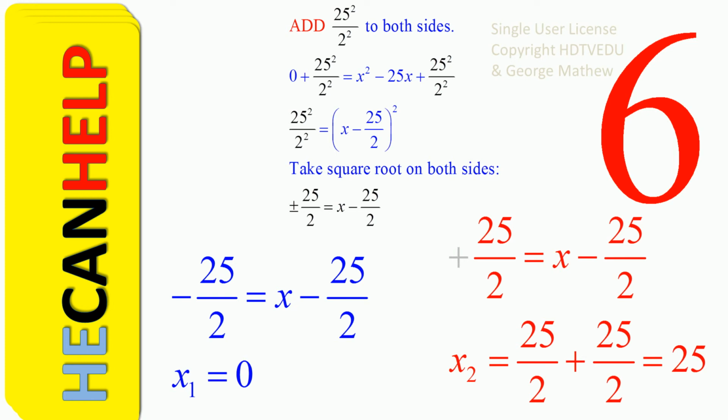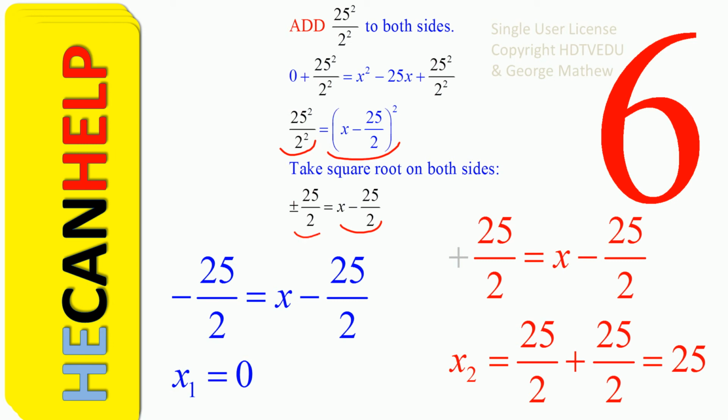Once we add 25 squared over 2 squared to both sides, we get 25 squared over 2 squared equals x minus 25 over 2 the whole square. Take the square root on both sides, and what do we get? The right side becomes x minus 25 over 2. The left side becomes, because we are taking the square root of a square, we expect a plus and a minus solution.